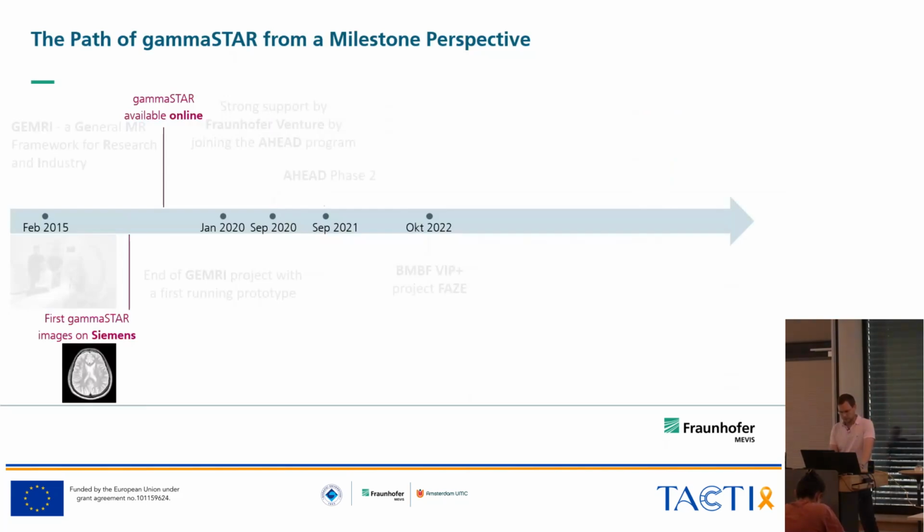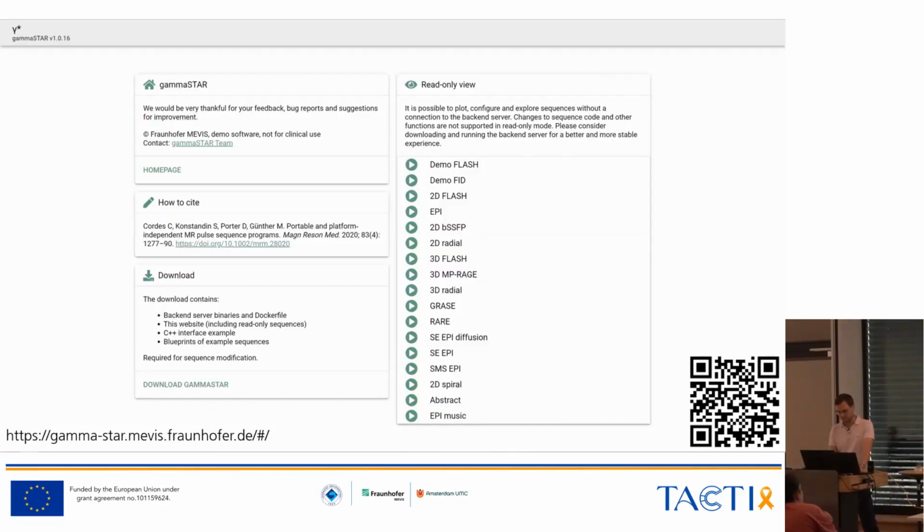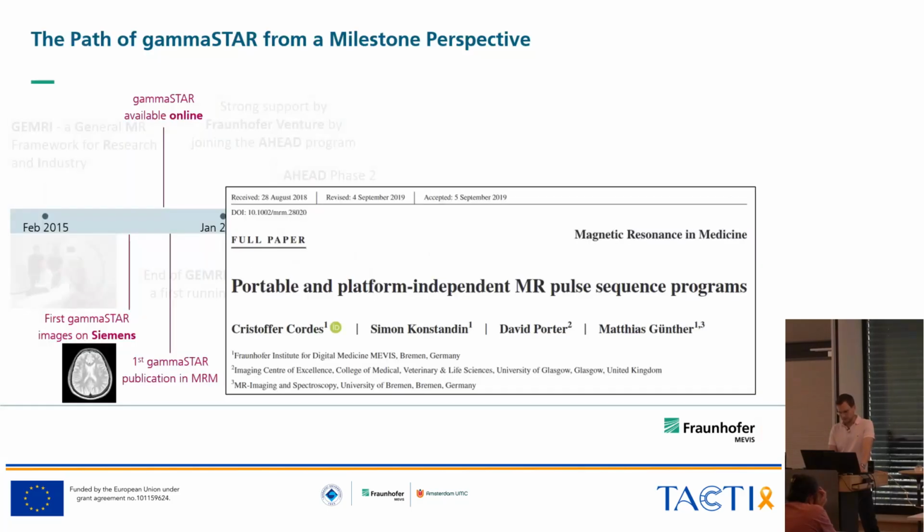So we published an online version of gammaSTAR, which is, we say, the old version. So we will work today and tomorrow with a new implementation of the whole framework, which will be published end of August. So I will just jump over that.